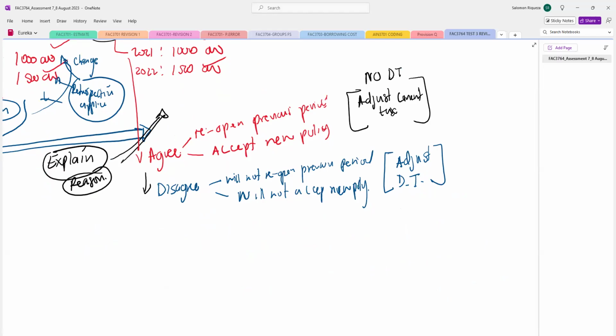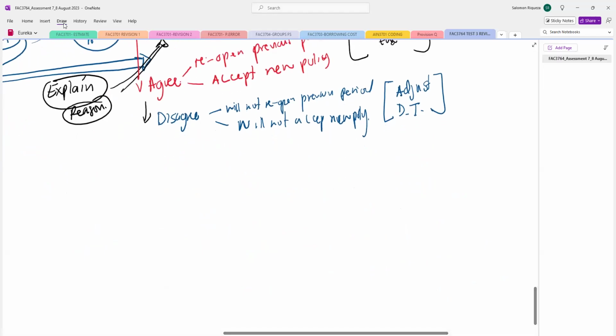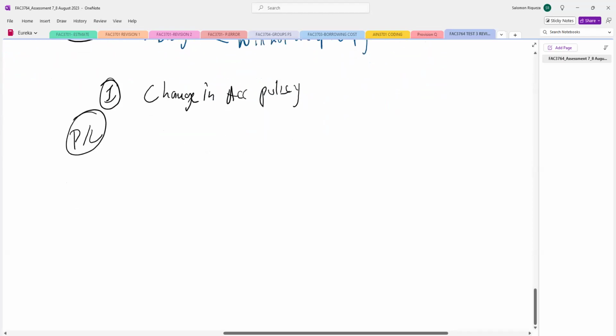Okay, so if, for example, I'm doing change in accounting policy, let me just give my alternatives. Let's say I'm changing accounting policy. I have the profit and loss section. I know it's not put like that, but I'm just going to put it for the sake of understanding.